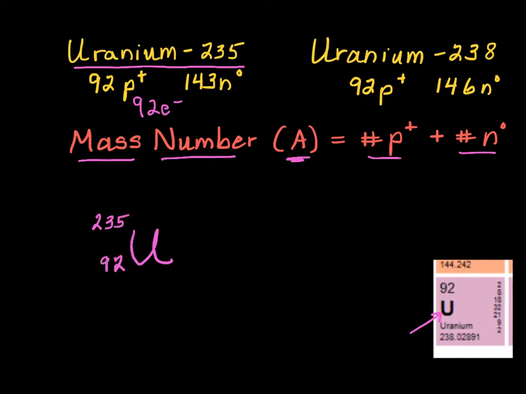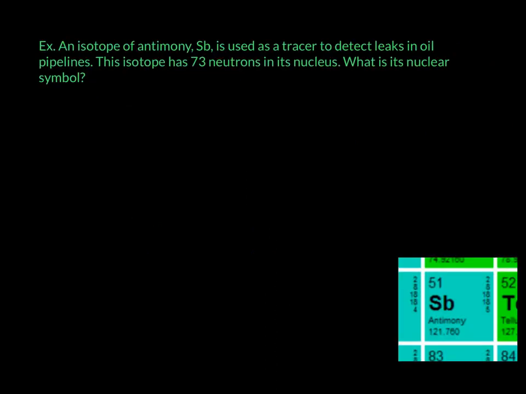So that's the nuclear symbol of that isotope. Can you write the other one for uranium-238? Why don't you take a second and see if you can do that. So hopefully you got something that looks like that. And those are called the nuclear symbols.